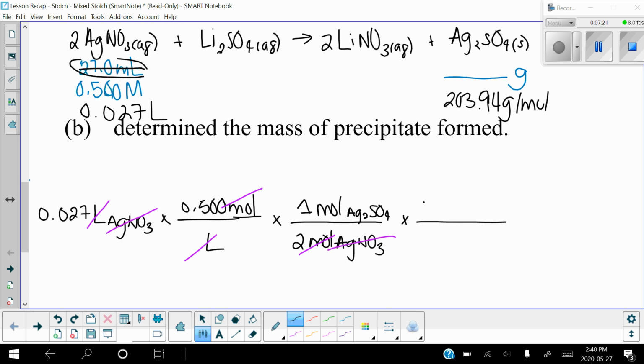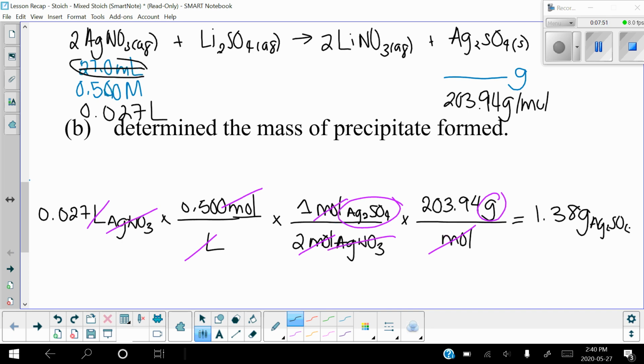So I'm going to multiply by 203.94 grams per mole, and that's going to cancel out moles, and I'll be left with grams of silver sulfate. Plug all of those values in, and I'm going to get an answer of 1.38 grams of silver sulfate.